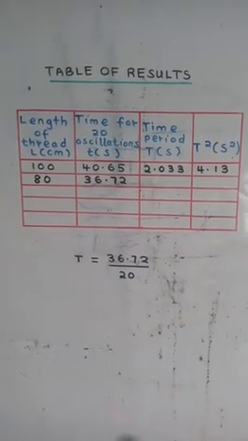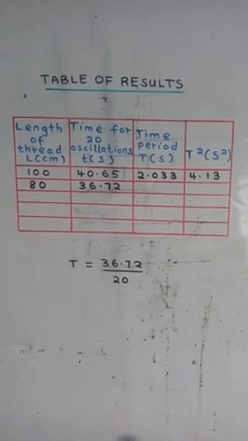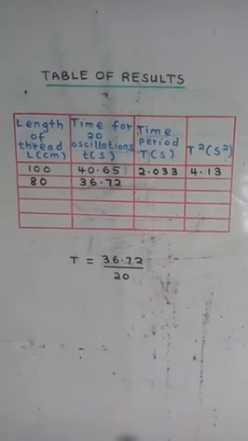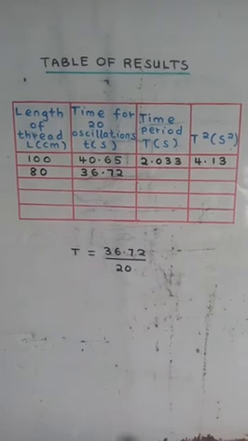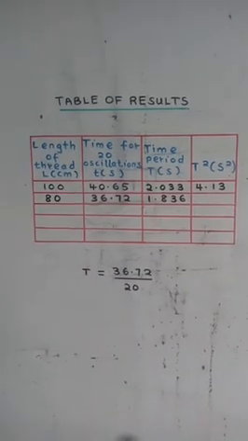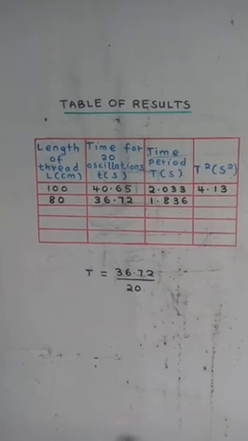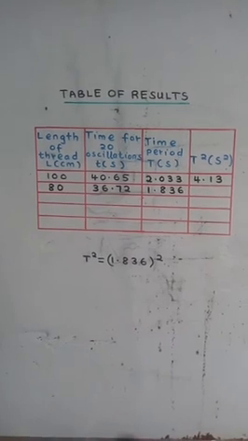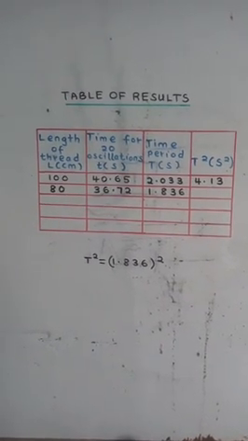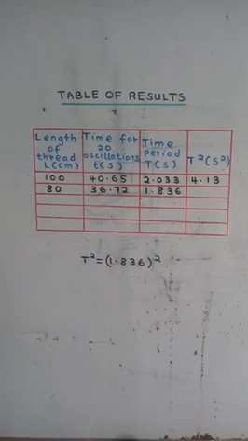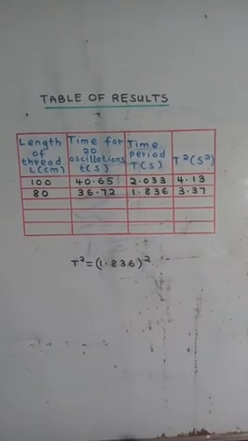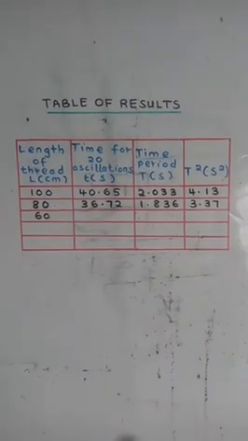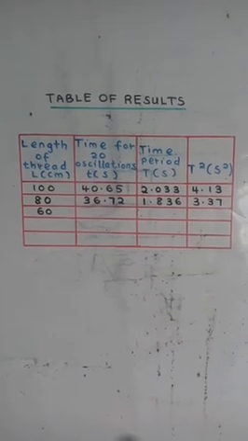Time period for one oscillation is equal to 36.72 seconds divided by 20 oscillations, which is equal to 1.836 seconds. Then time period square is equal to 1.836 square, which is equal to 3.37 second square.